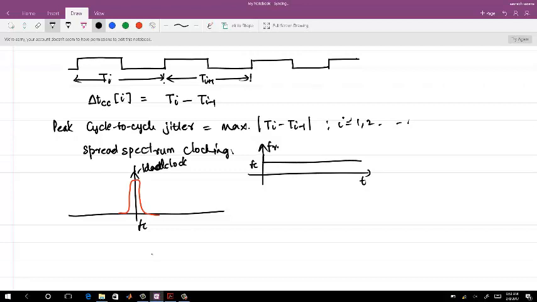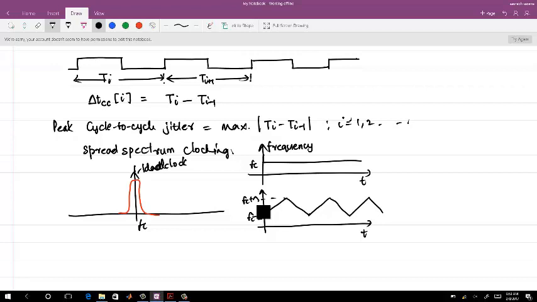I am plotting this as frequency. For an ideal clock, frequency is constant. For spread spectrum clocking, this is one example: you can have FC minus delta, FC plus delta, and in between.